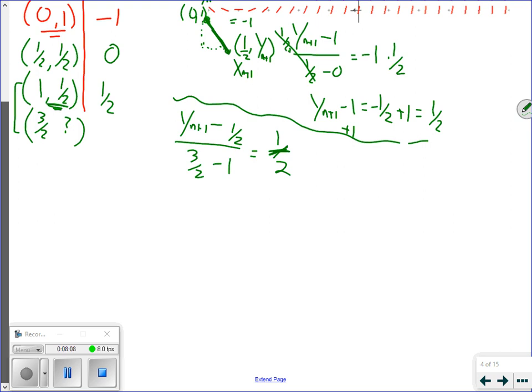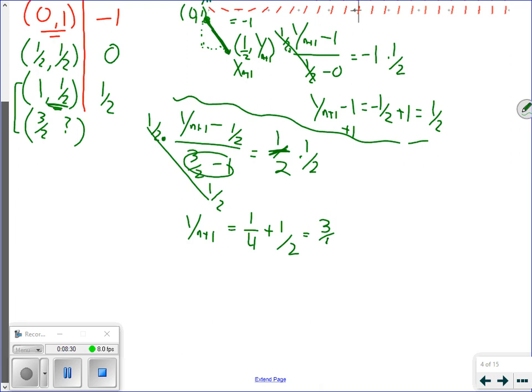The bottom part here is equal to 1/2, since 3/2 minus 1 is 1/2. And I can multiply both sides by 1/2. So I get y sub n plus 1, and I'm going to go ahead and add 1/2 to both sides. So that's 1/4 plus 1/2, which is equal to 3/4.